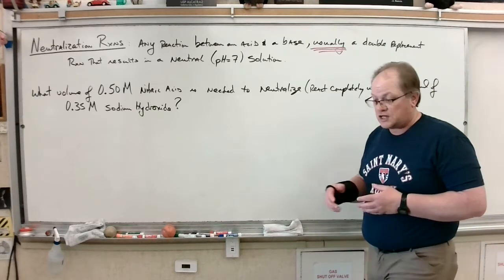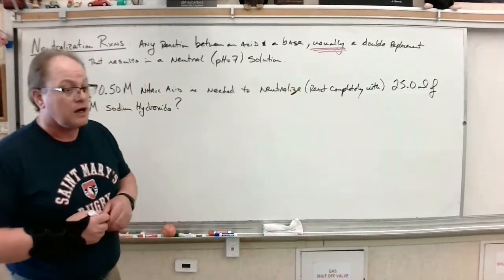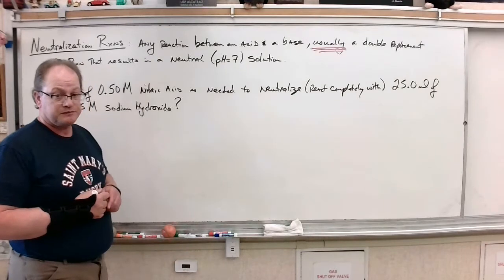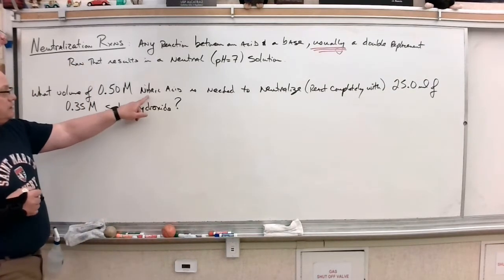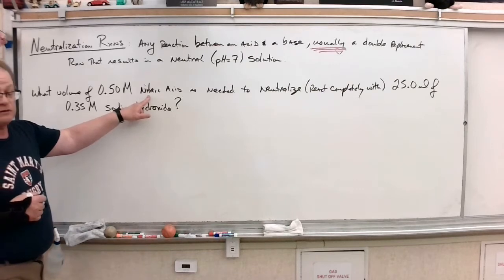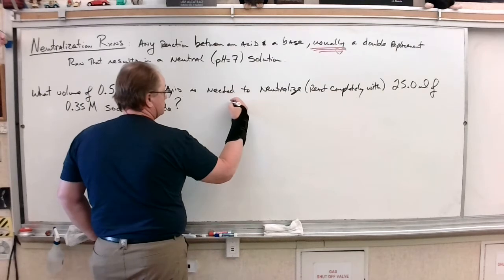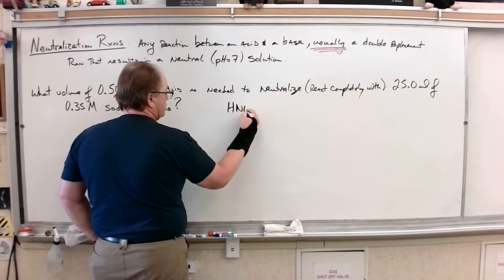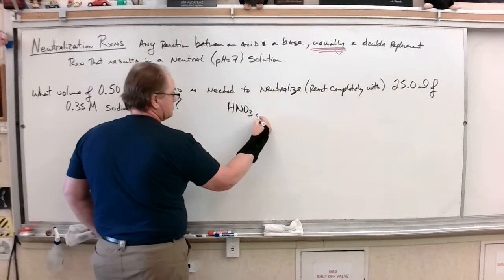So, of course, we do need to have a balanced chemical equation for this system. And we do have two materials here. We have nitric acid. That's a formula you should know, HNO3. And it is aqueous.